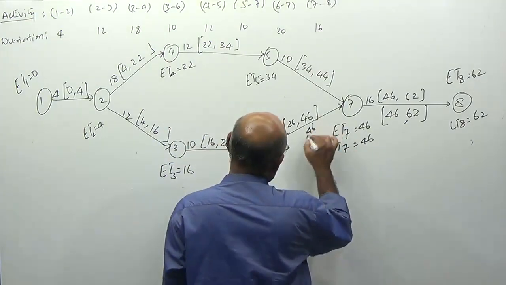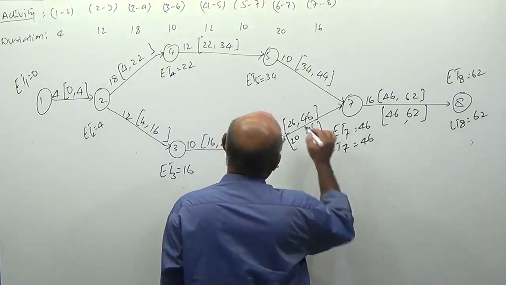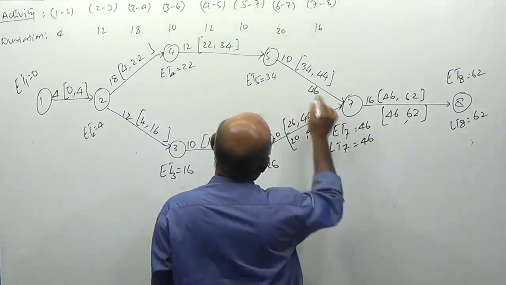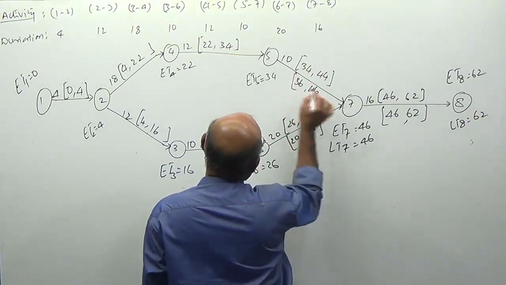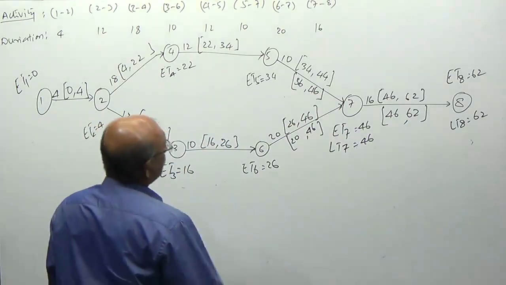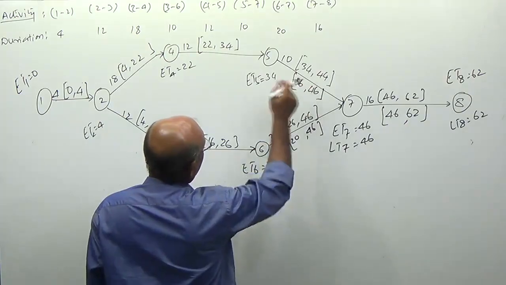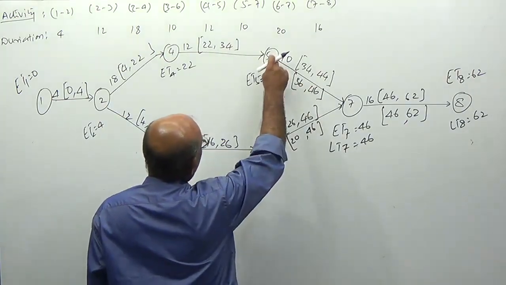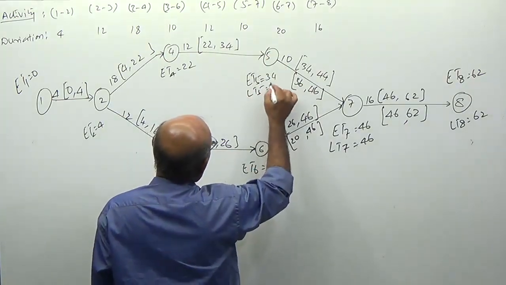So this is 46 minus 20, 46 minus 10, 36. To start this on the 36th day means I have to be here at node number 5 on the 36th day.